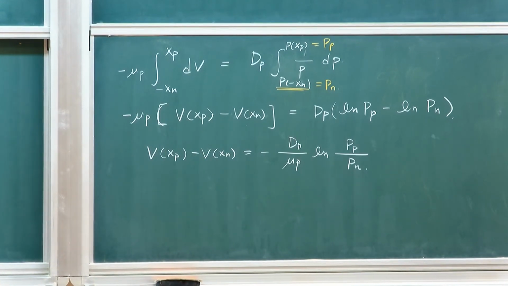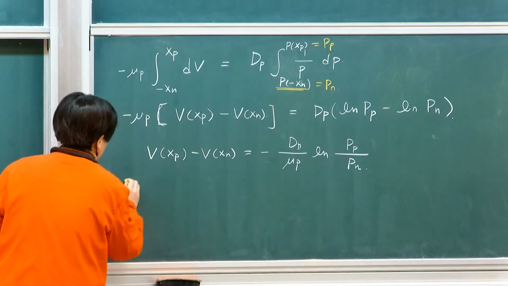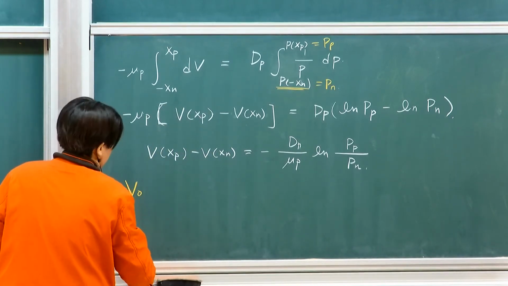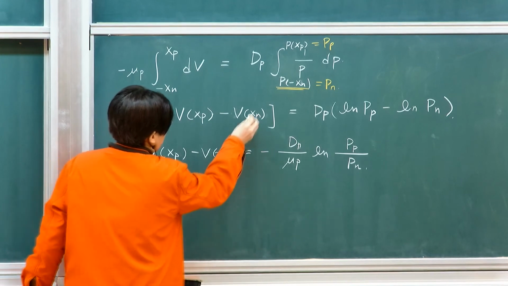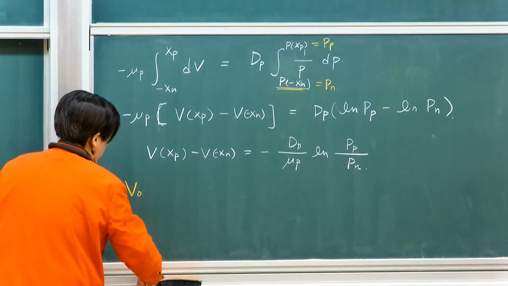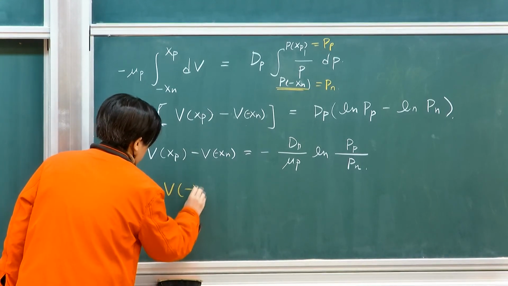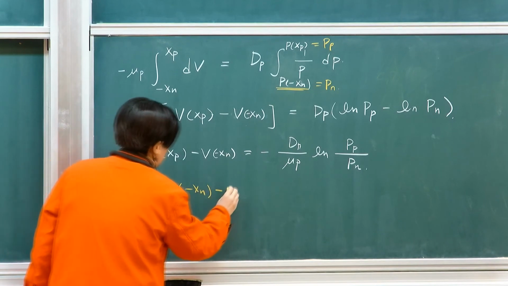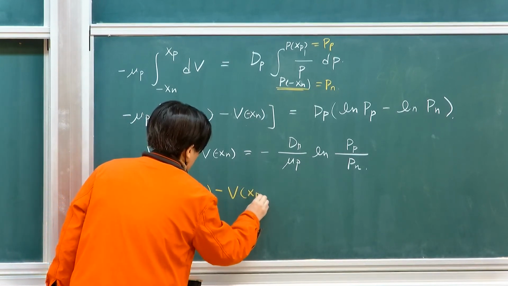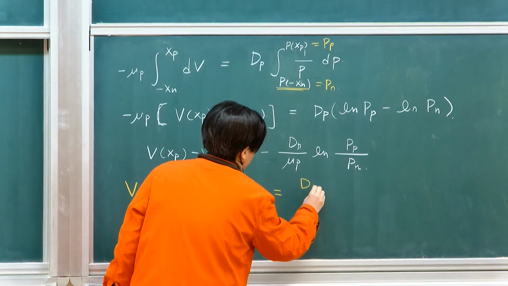And because we know that your voltage is actually higher on the N side, therefore your V0, our built-in potential V0, is defined as, I'm sorry, I forgot the minus sign. So at the two border, V0 is defined as the higher voltage at the N side minus the lower voltage at the P side. So therefore, you get rid of the sign.